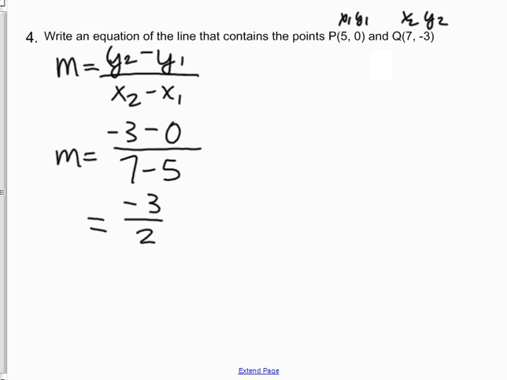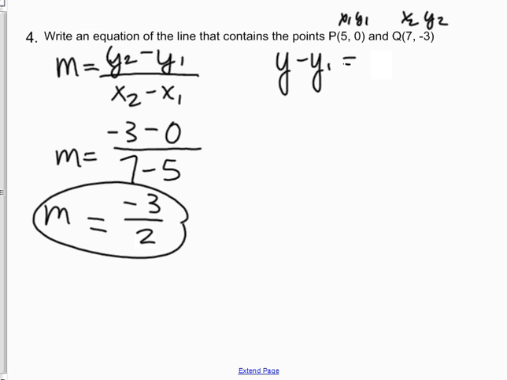So this is a negative slope, but that's going to be the slope that you put into the point slope formula. Point slope formula, y minus y1 equals m times x minus x1.